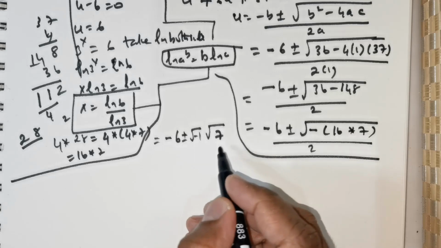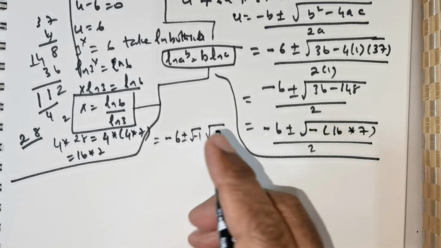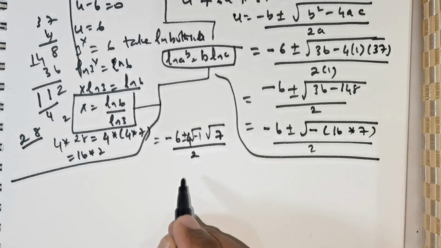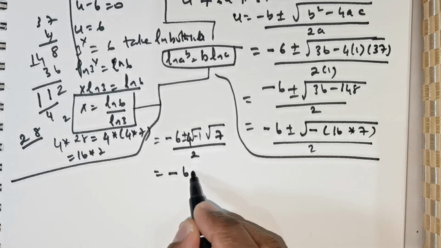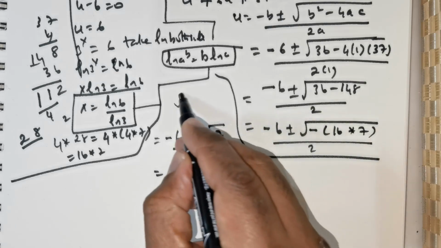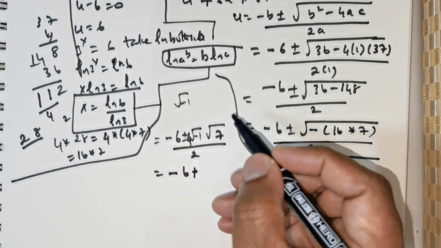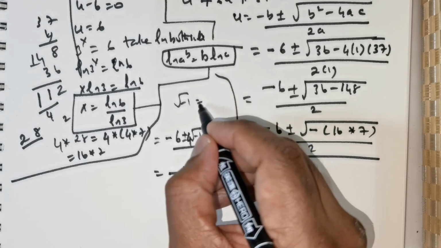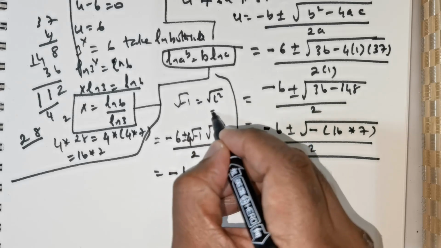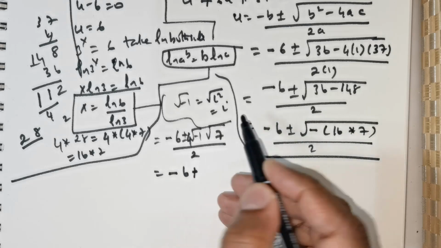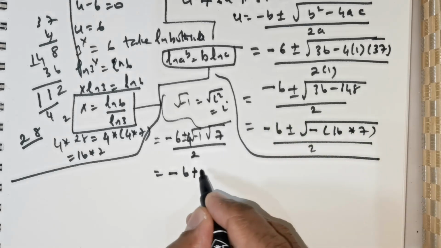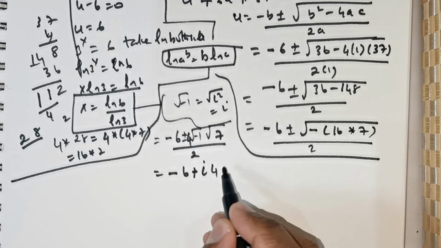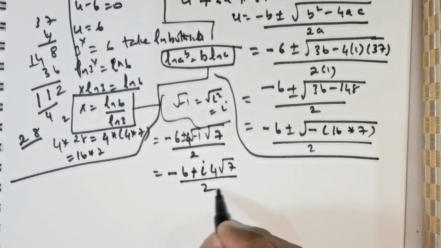Of course, root of 16 will give me a 4 there, so I can place the 4 there and divide by 2. Now this is going to be negative 6 plus root of negative 1. Now negative 1 is i squared, right? So if I were to place i squared there, you would get an i there. So you can very well place the i there. So i, and you got a 4 there, and you have a root 7 there, you divide by 2.